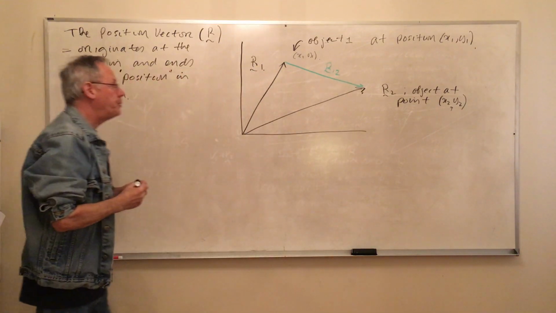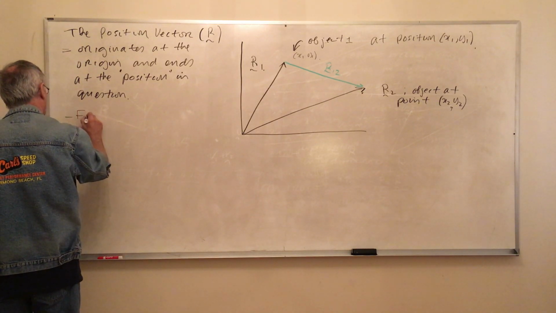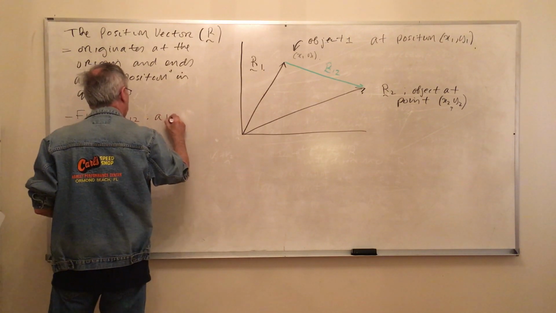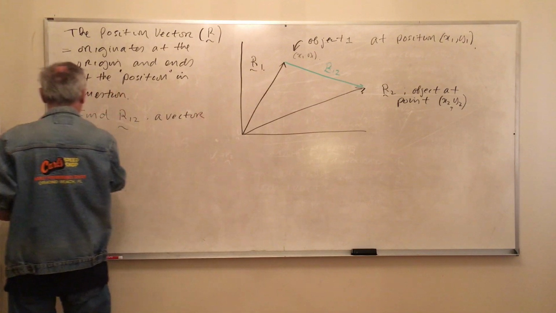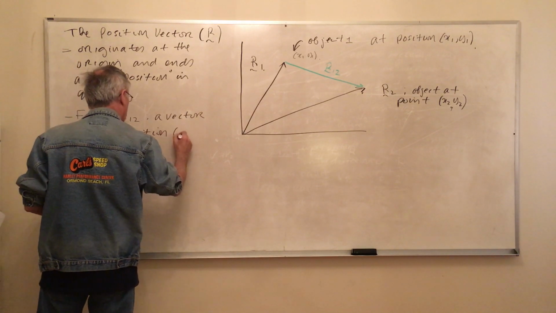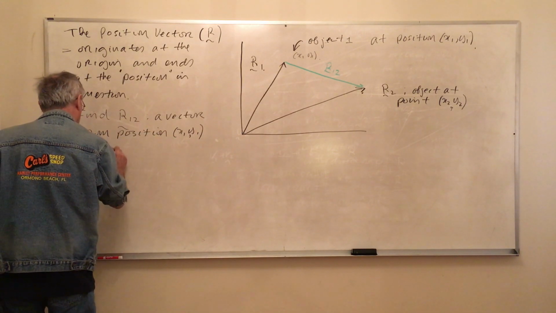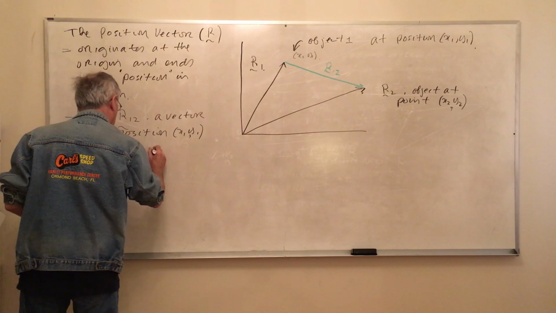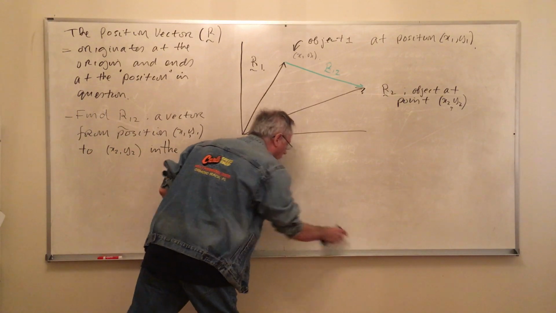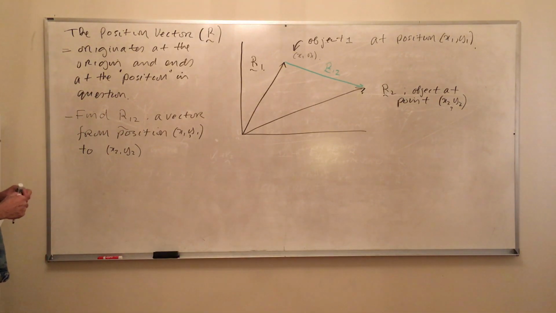We'll call this vector R12. How do we find R12? Well, R12 is a vector that joins the points x1, y1 and x2, y2.